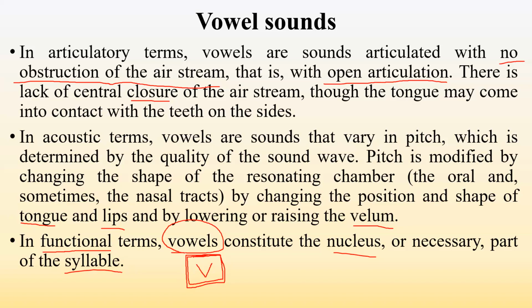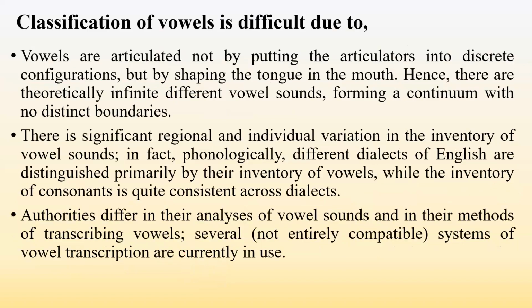Nucleus of the syllable is a vowel, right? So that is according to what the vowels are doing, functions, right? So you can understand, I hope, three different perspectives to vowel sounds, right? So here, classification of vowels is difficult.